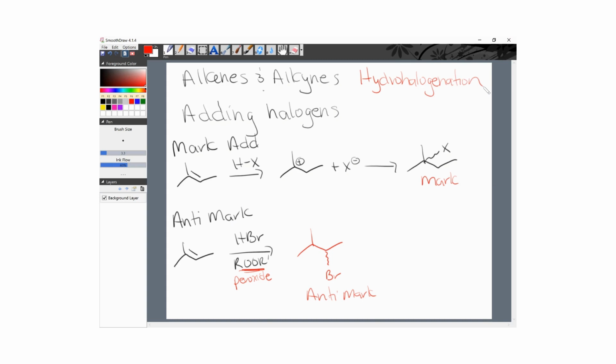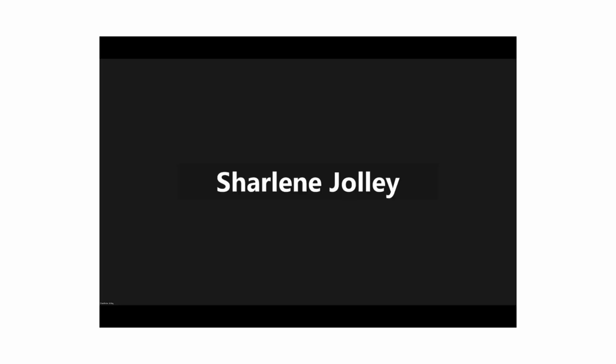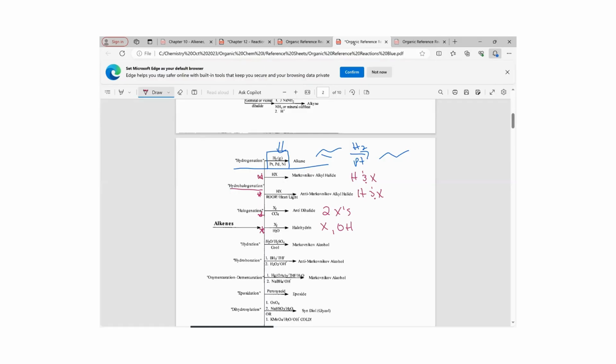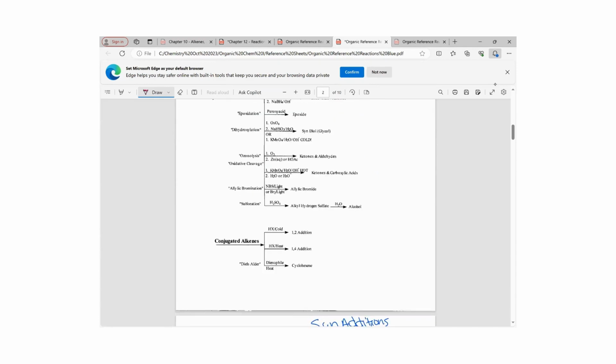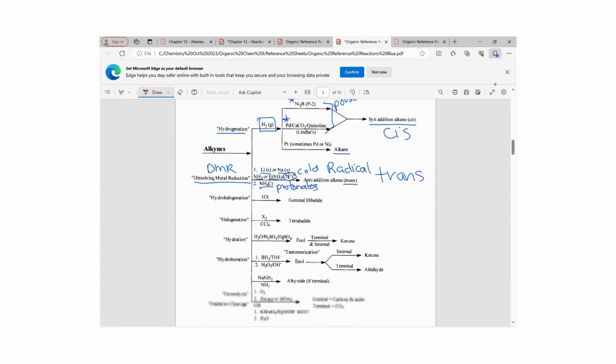All right, well, we just saw the alkenes. Let's look at the alkynes. And where are you, alkynes? Right there. All right, so there's the alkenes. Let's jump over to the alkynes.